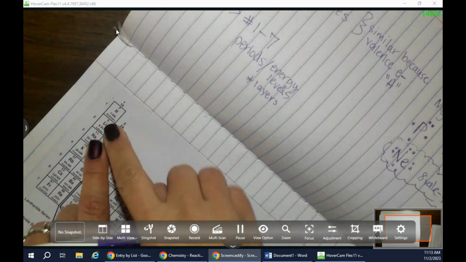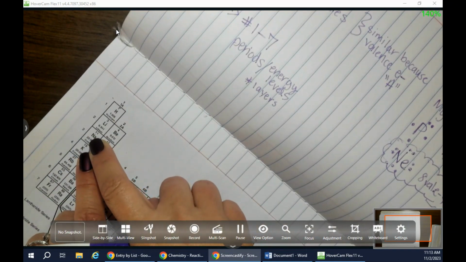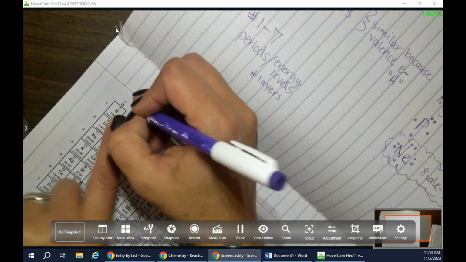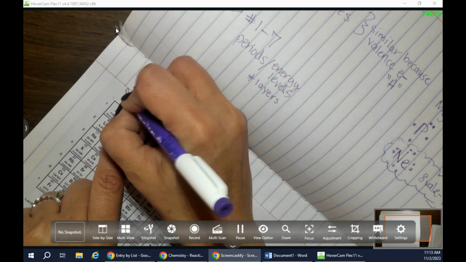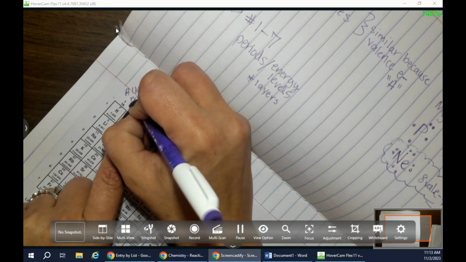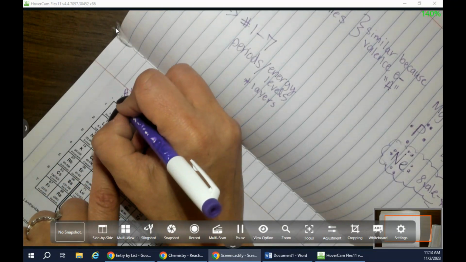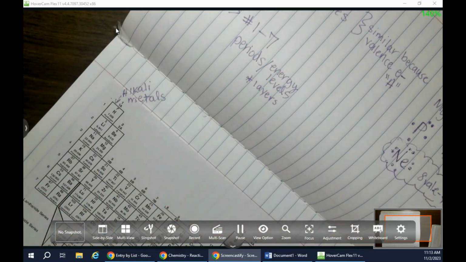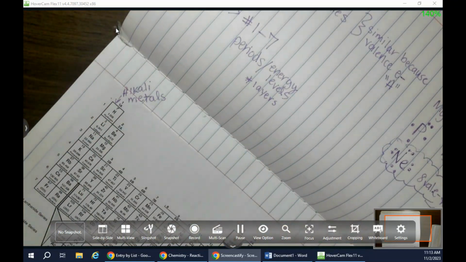All right. So for our first group, okay, first group, these are known as our alkali metals. Okay, so group 1, alkali metals.